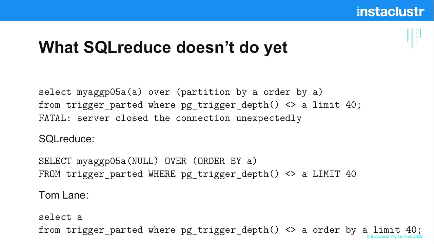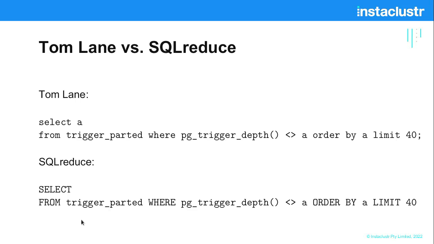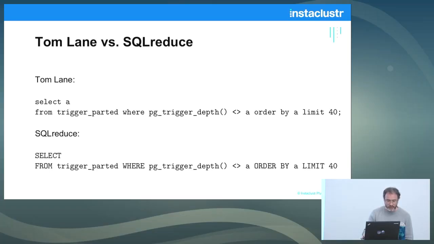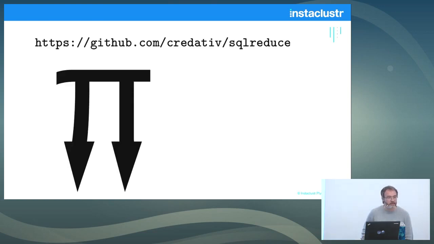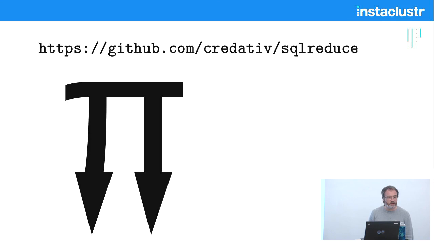It's quite simple. We can remove the A. So when running SQLreduce on that one, it still beats Tom Lane. Okay, right. So I hope this will be useful in tracking down the more nasty crashes that sometimes are happening, and yeah, it was fun writing it. Thank you.